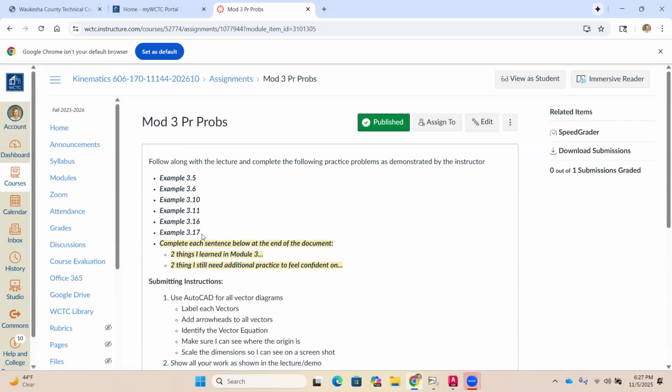So we have now completed all of the practice problems here in the Module 3 practice problems, but there are 2 additional questions. Don't forget to answer these questions as part of your document when you hand in your practice problems. If you don't, it goes to a 0, okay? So 0 or 10. So make sure you answer those, okay?